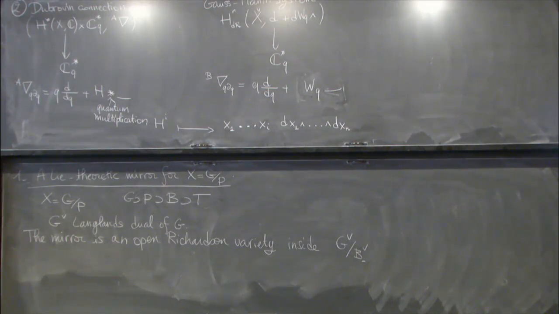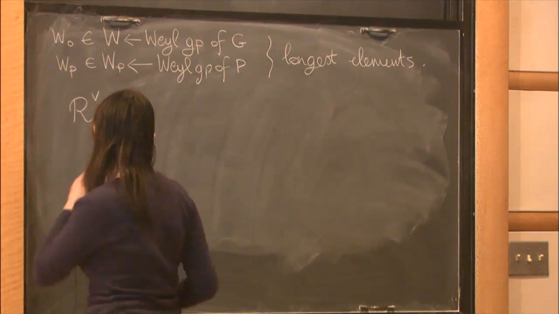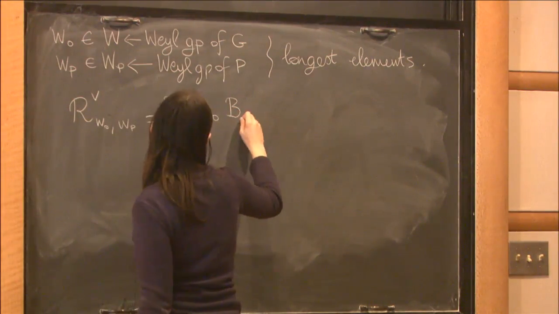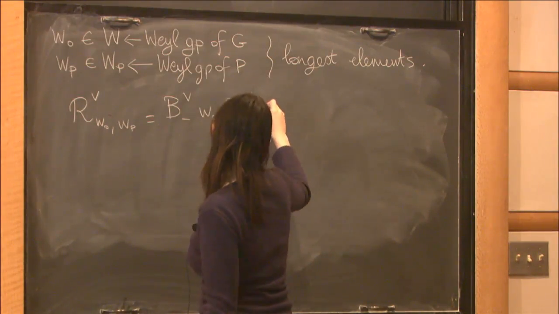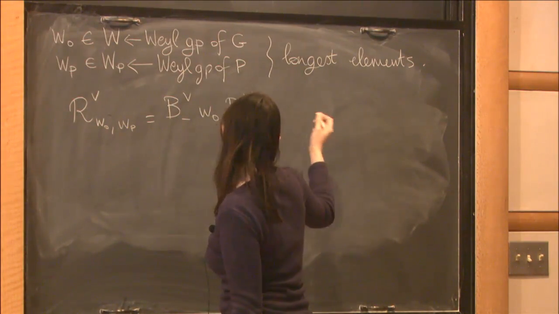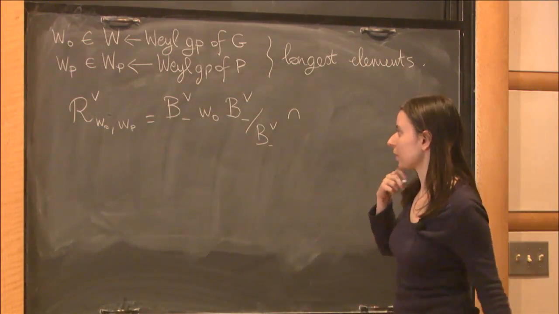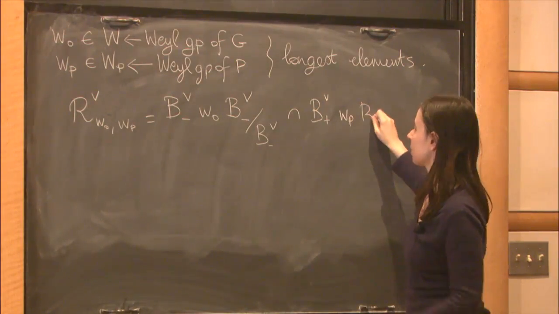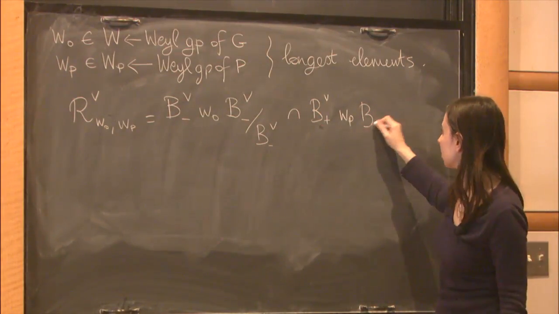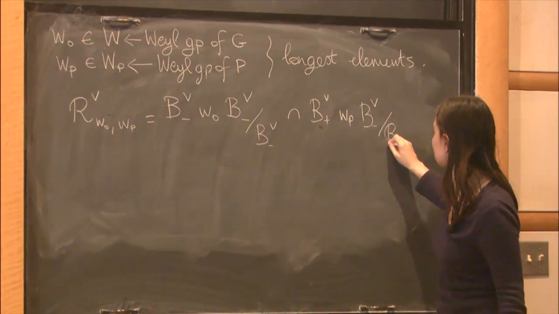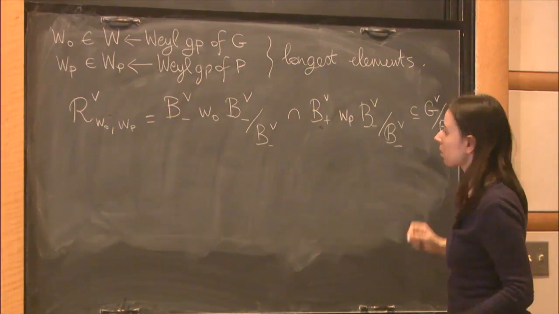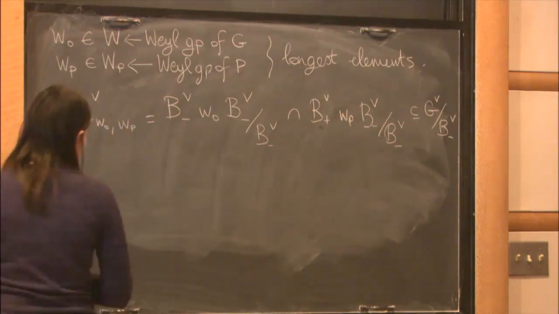And that Richardson variety is the following: the intersection of this open Bruhat cell with another cell corresponding to the opposite Borel group here. Okay, so that's how it is defined.